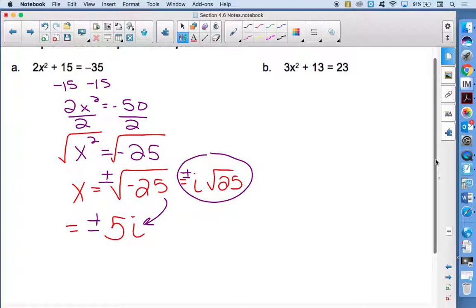So if you look at the one next to it, we have 3x squared plus 13 equals 23.